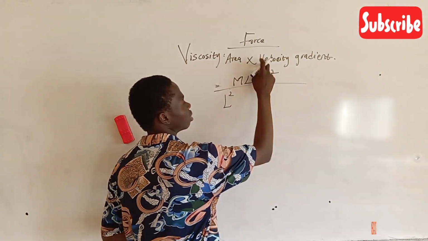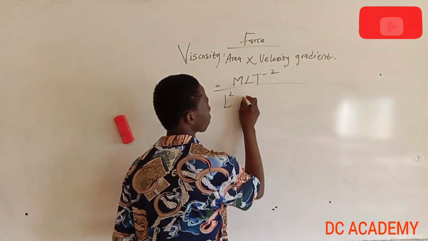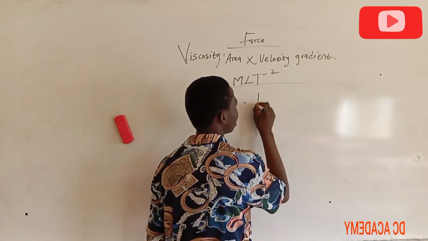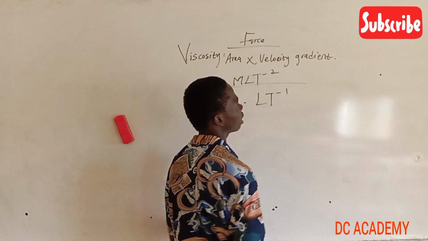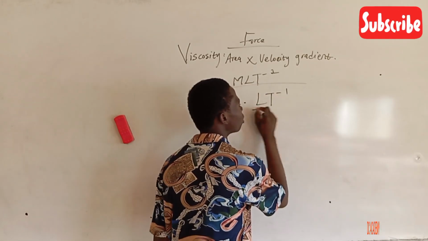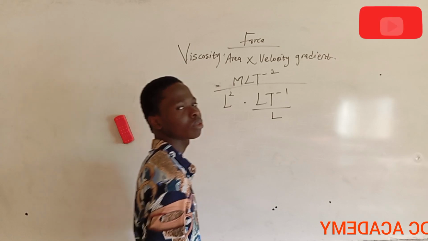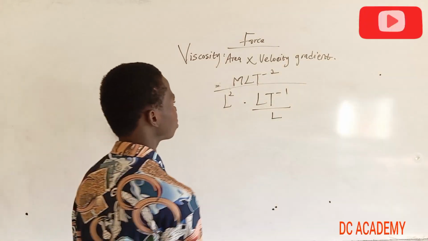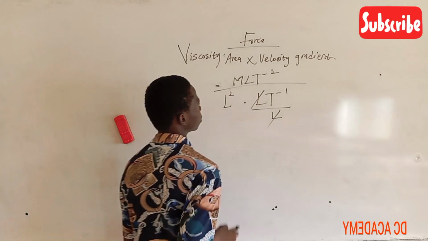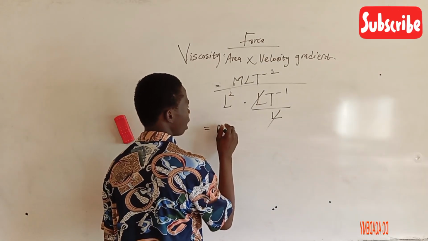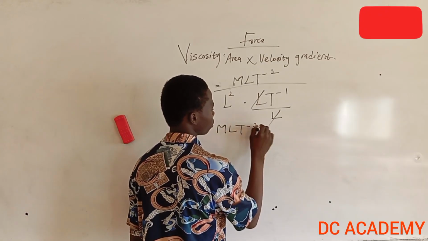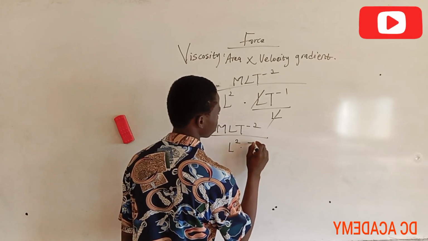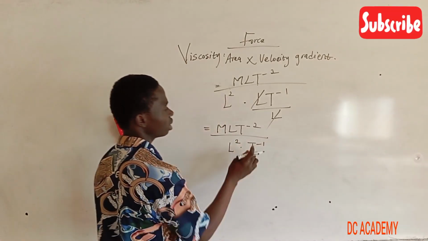Then velocity is LT⁻¹, and velocity gradient is LT⁻¹ all over L. This is how velocity gradient is represented. In this case, you can take this and this. You have MLT⁻² divided by L² times T⁻¹.